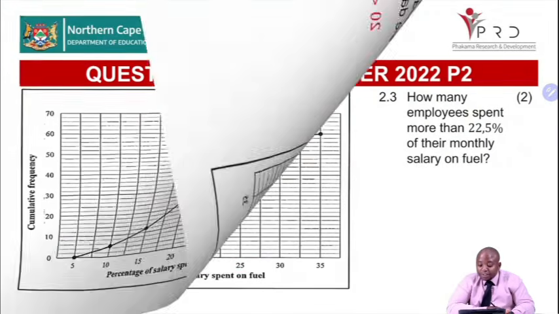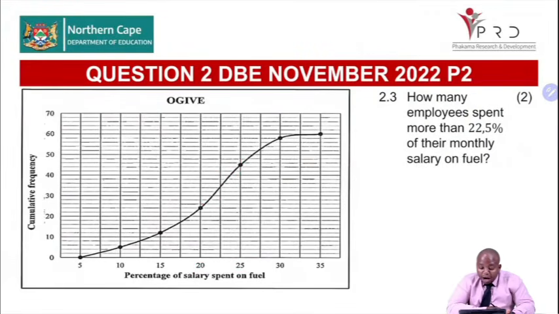How many employees spend more than 22.5% of their salary on fuel? Those employees that spend above that, it is more than 22.5 in this case, so it is somewhere above those values.